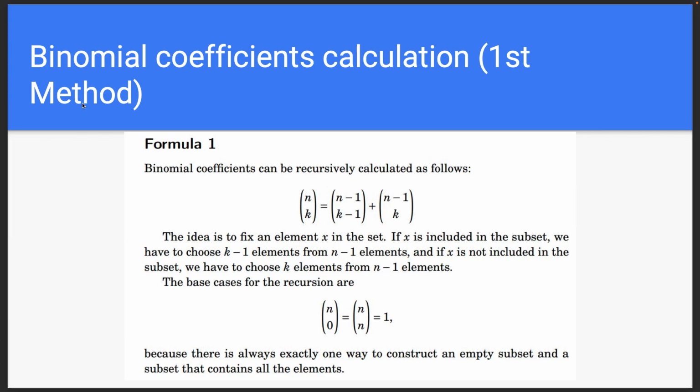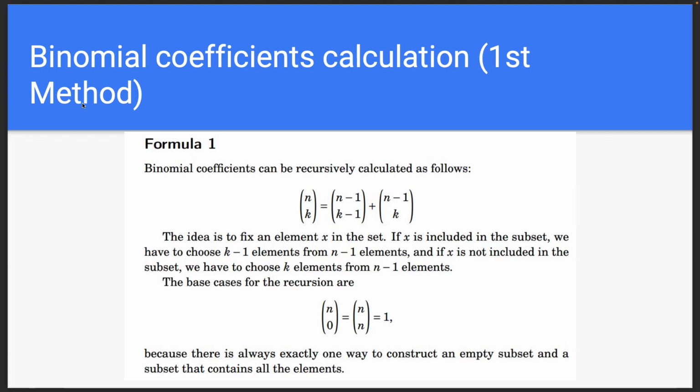The proof is not that hard. So we have a set of n elements, and we want to choose only k elements from that. Okay, let's look at the last element of these numbers.